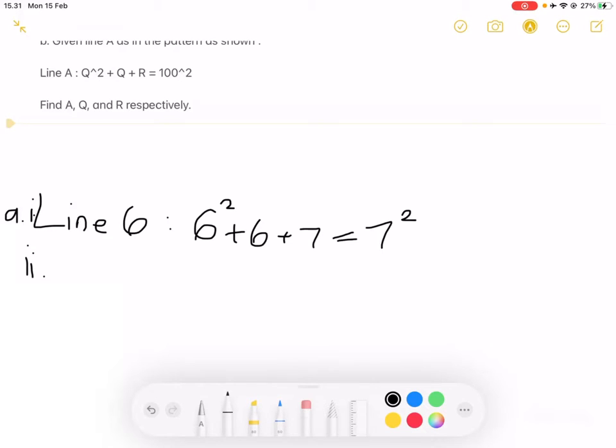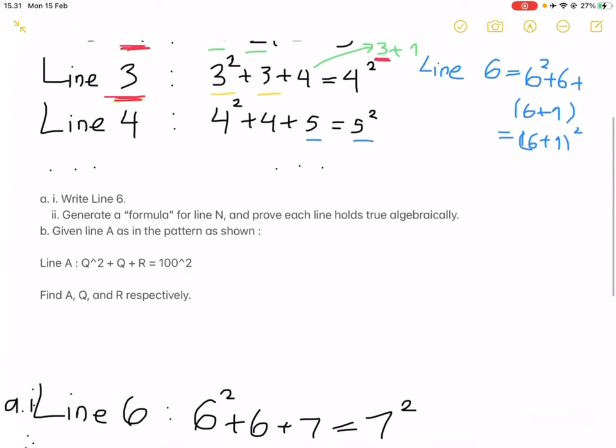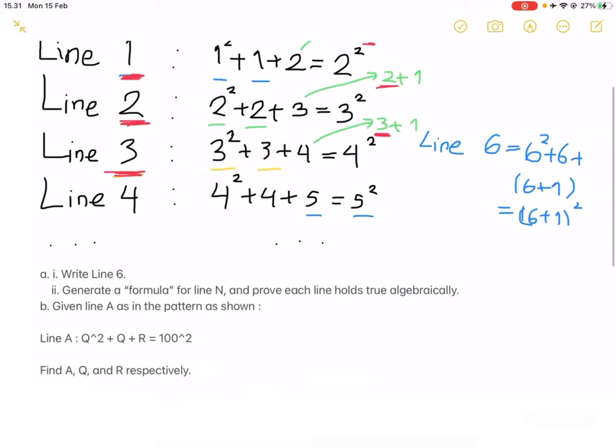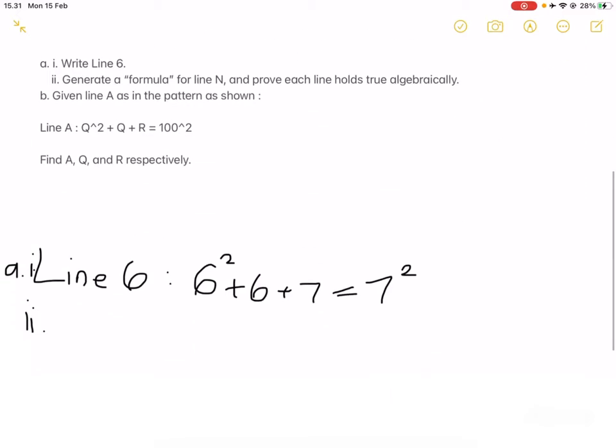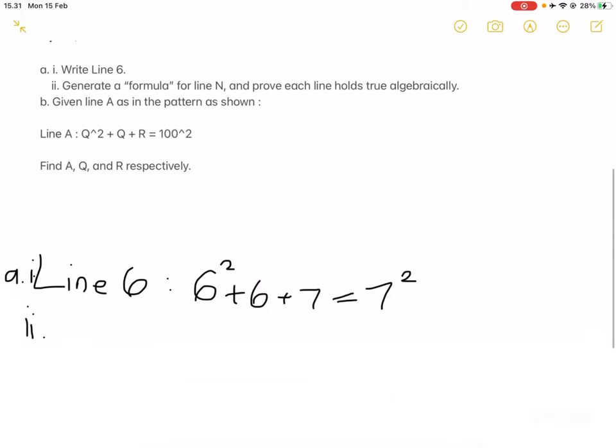And part 2 is pretty interesting. We need to generate a quote-unquote formula, because it's not really a formula you would see, but it actually helps us to generate more values of each line in this pattern. And then we need to prove each line holds true algebraically.